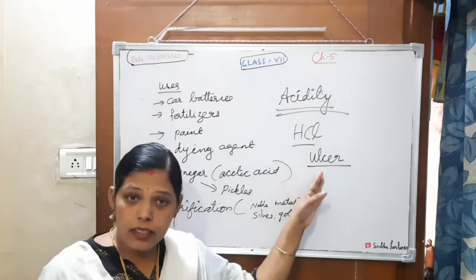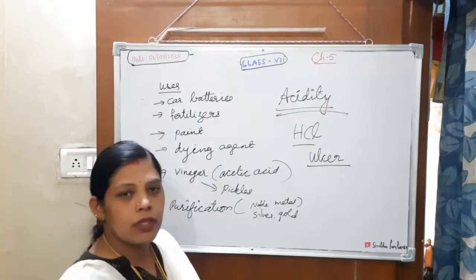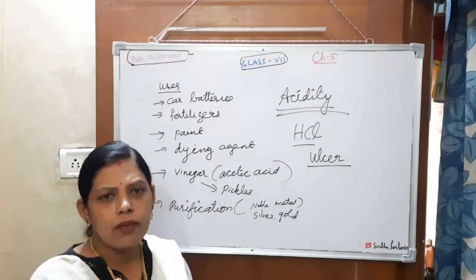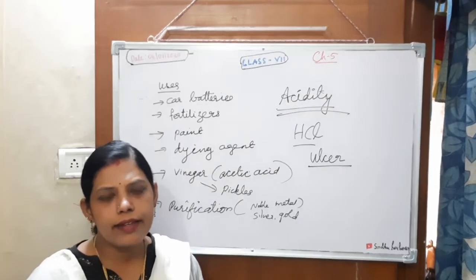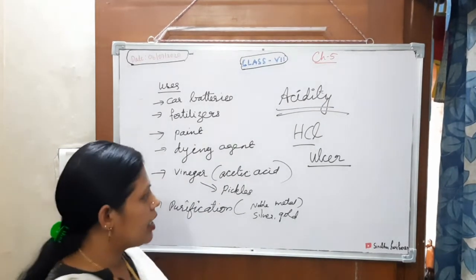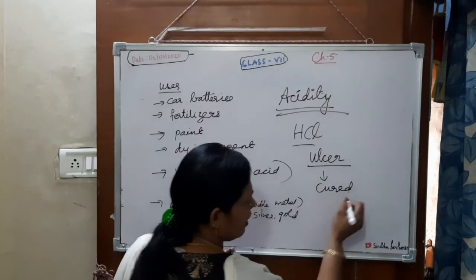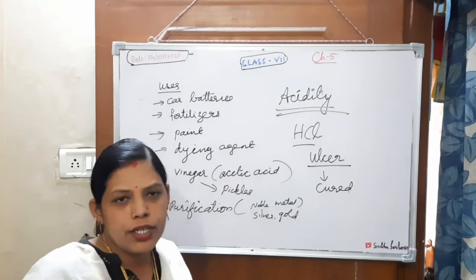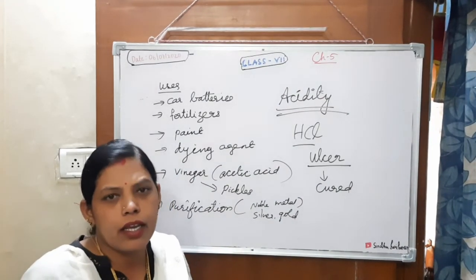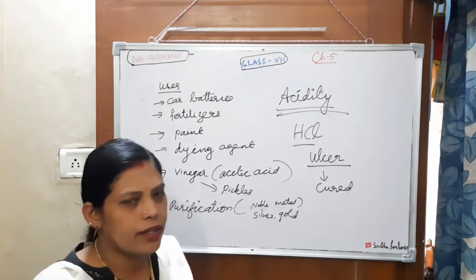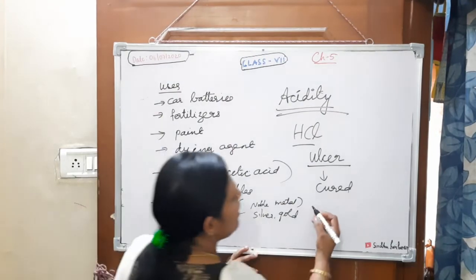And not only that, if we take an antacid, or you can say cold milk, okay, this acidity is cured. Cured means there will be some solution, right? If you are getting more stomach pain and a burning sensation again and again, and you are not able to eat anything, at that time you will go to the doctor and ask, and the doctor will give you an antacid.